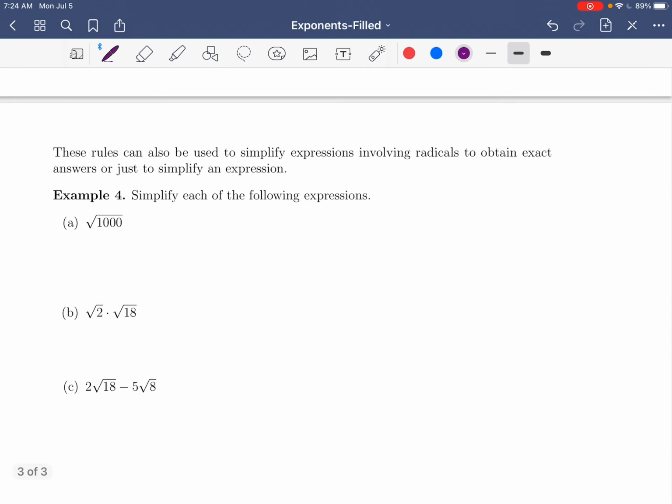Now you can also use these rules to simplify expressions involving radicals. So let's say I have the square root of 1,000. Well, I know that 1,000 is 100 times 10. The reason I wanted to write it like this is that 100 is a perfect square. And now that I have it as multiplying, we know we can break it up.